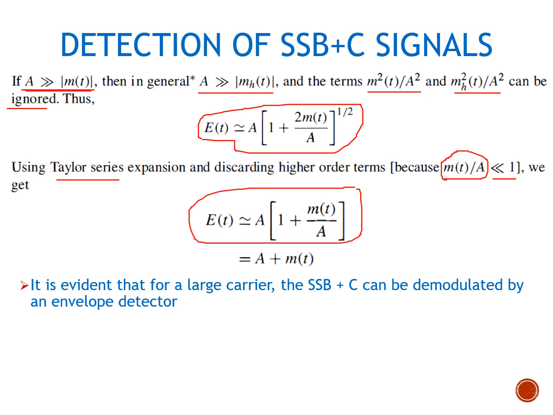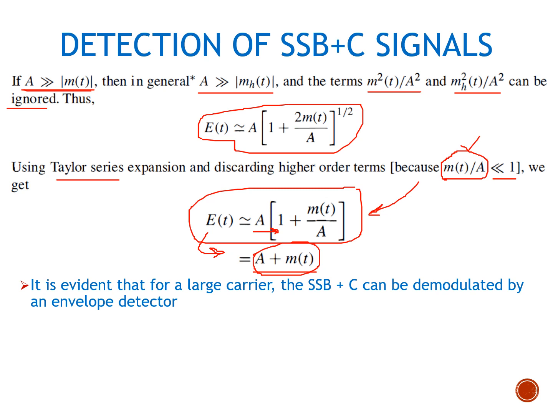That means this E(t), the received signal, is almost equal to A times 1 plus MT by A. Now if we multiply this A inside, we are left with this expression. So you can see this received signal E(t) is approximately equal to A plus MT.